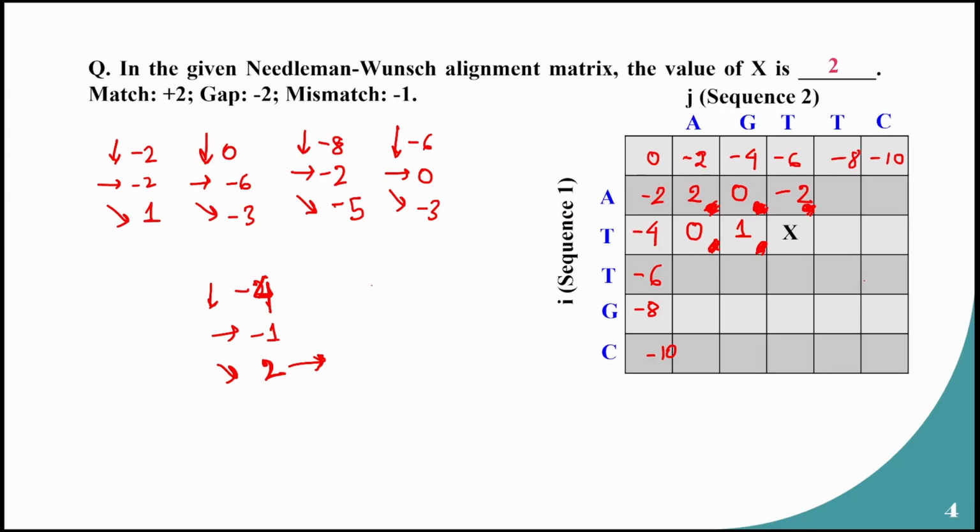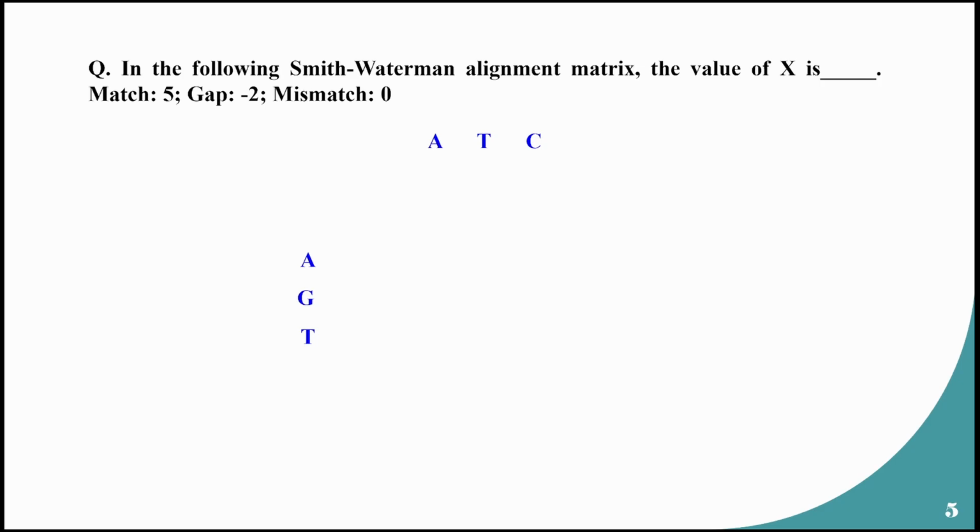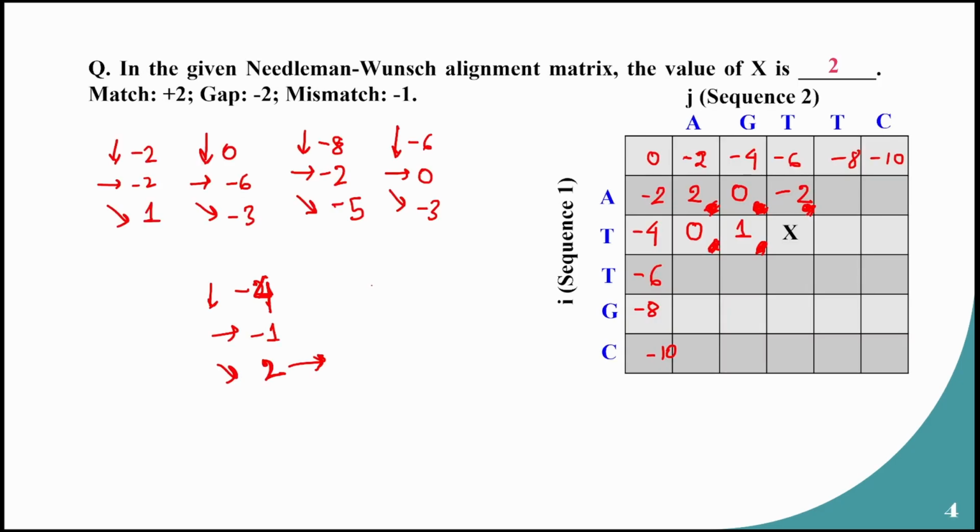Now, here for global alignment, we do the gap scores, we do the match and mismatch scores, and we find out the best scores, right? There is another algorithm for local alignment, not for global alignment. Global alignment tries to maximize the net alignment score, to see the best possible alignment for the whole sequence.